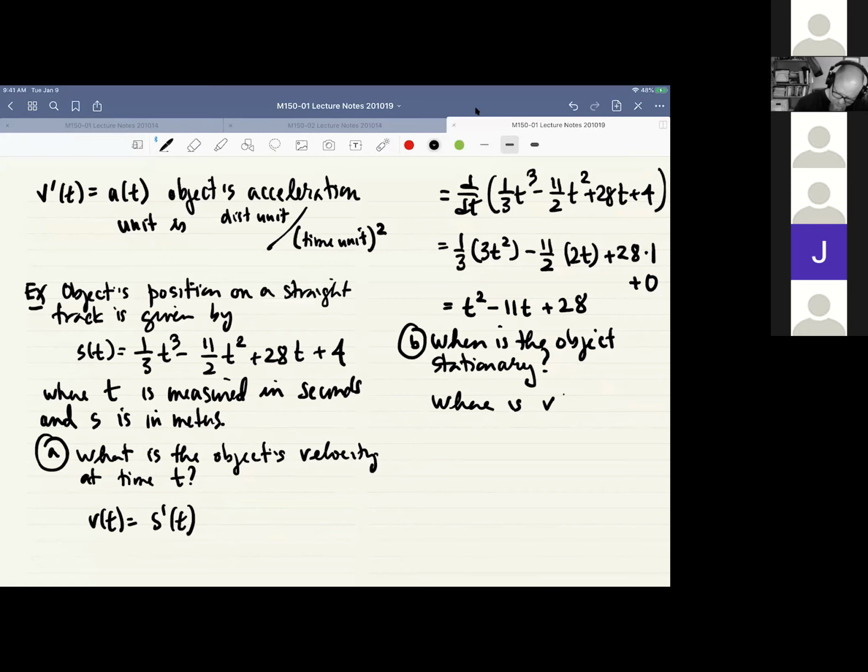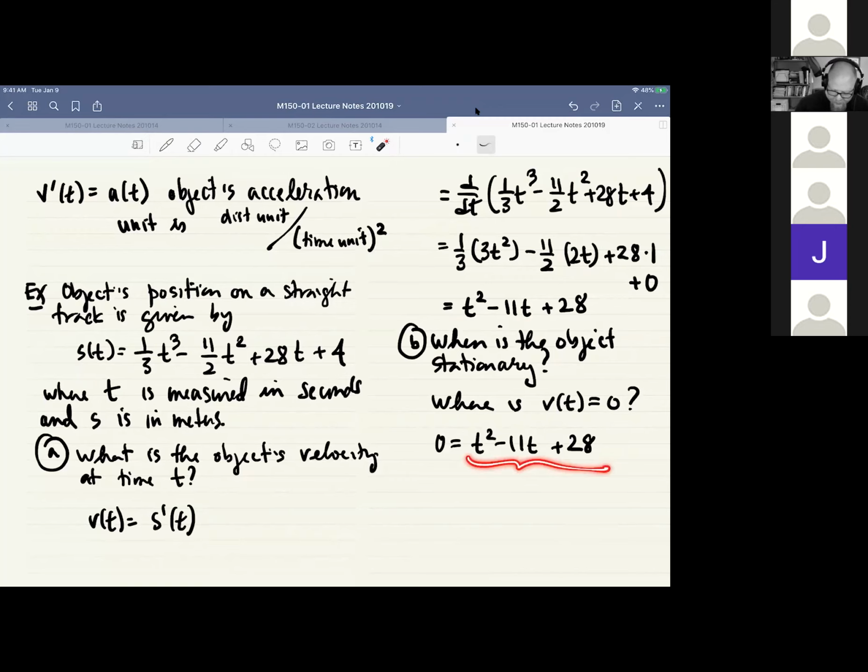So that's why asking the question, when is the object stationary, is the same thing as asking, when is the velocity equal to 0? So let's take the velocity function that we computed in the last problem, that quadratic. Set that equal to 0 and then solve. You could use the quadratic equation here to solve it.